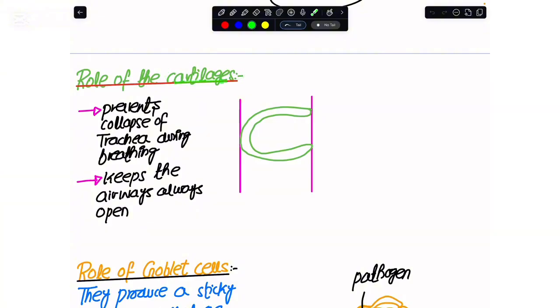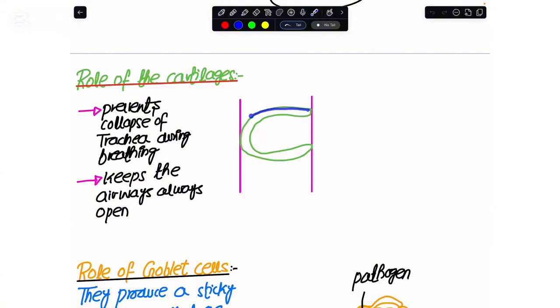If we talk about the cartilages in the trachea, they prevent the collapse of the trachea during breathing. When we inhale the air in and exhale the air out, this involves a pressure difference, and that pressure difference can collapse the trachea. This is something we don't want.